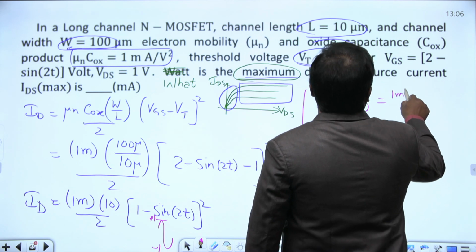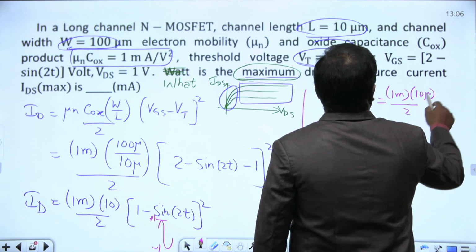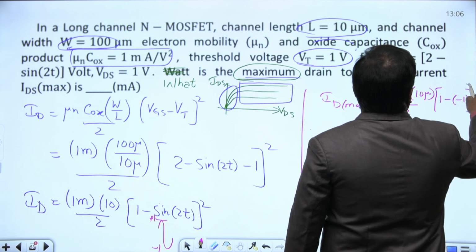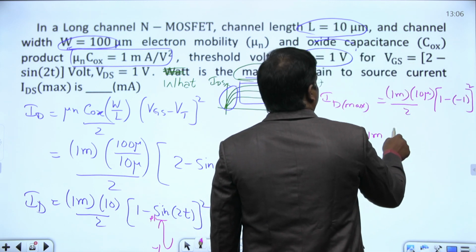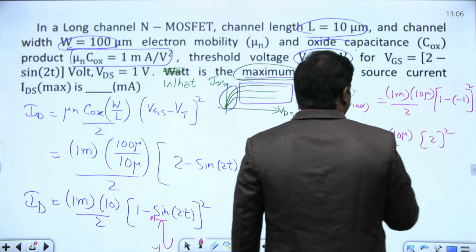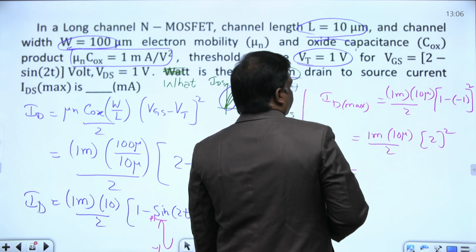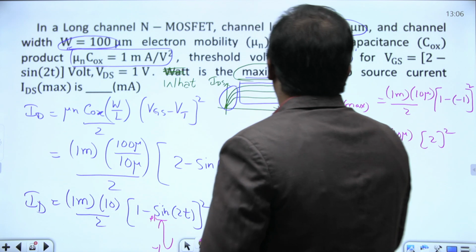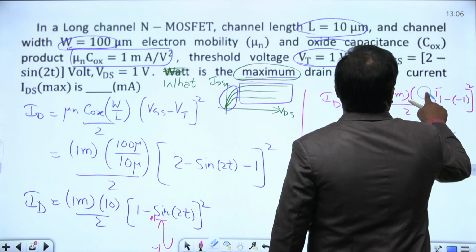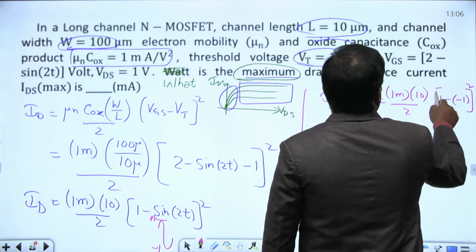This is 1 milli into 10 micro divided by 2 into (1 minus -1) whole square, or 1 milli into 10 micro divided by 2, 2 square. The 2 cancels, milli, micro, this is 10 only.